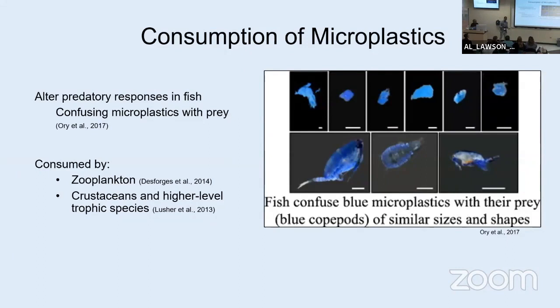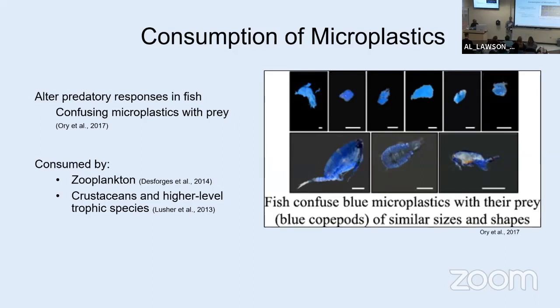Microplastics have been reported to alter the predatory responses and foraging behaviors of fish, as they're commonly confused with common prey resources. This is one of my favorite infographics as a summary for microplastic ingestion. This study by Ori et al. highlighted some of those confusions of microplastics with common prey resources. Blue copepods are highlighted at the bottom part of this infographic, and those blue microfibers at the top portion of this graphic.